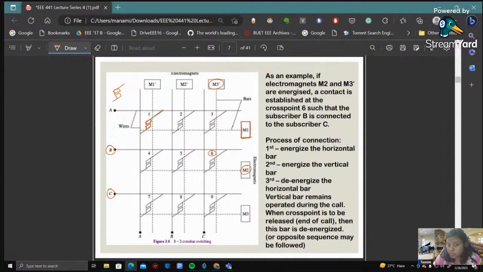Now why so? Such that subscriber B is connected to subscriber C, because the line B, I can understand, but C, actually I feel the line B, right?